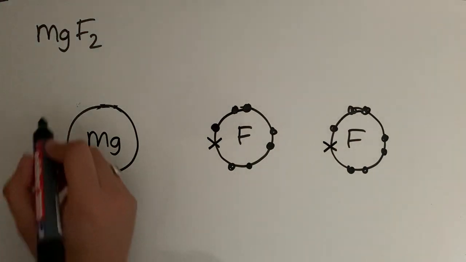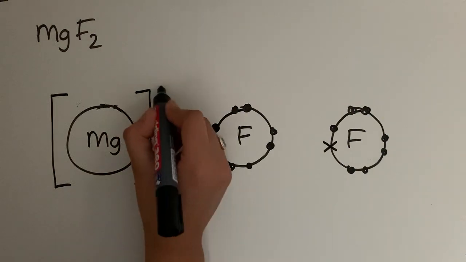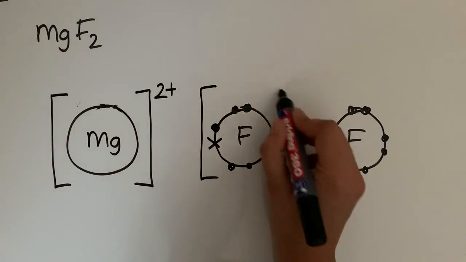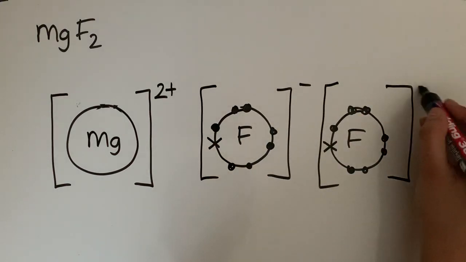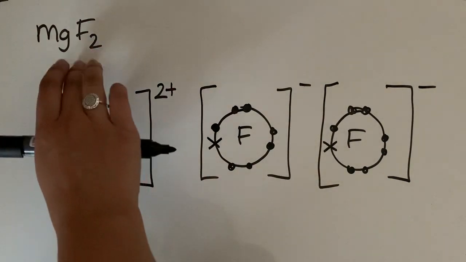Because we've formed ions, again square brackets. Because we lost 2 electrons, magnesium now has a 2+ charge. Each fluorine has gained 1 electron, so each has a 1- charge. That is the dot and cross diagram for magnesium fluoride, MgF2.